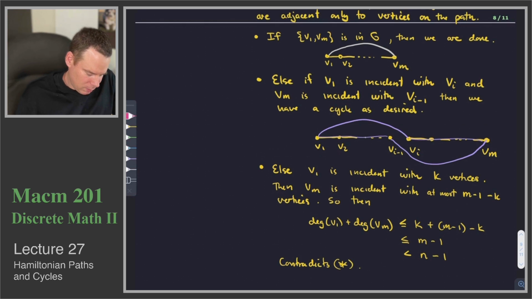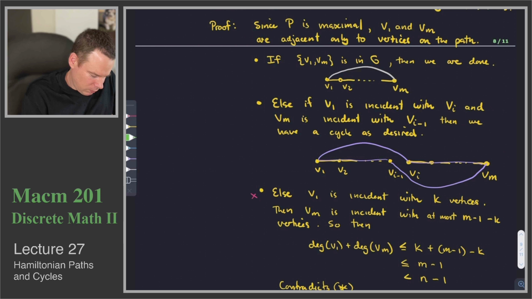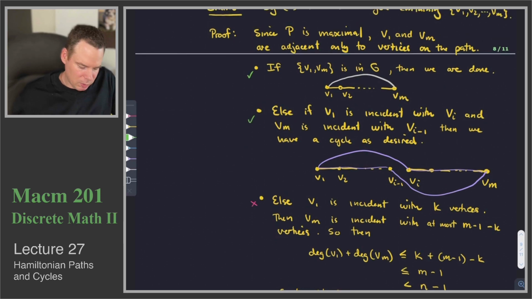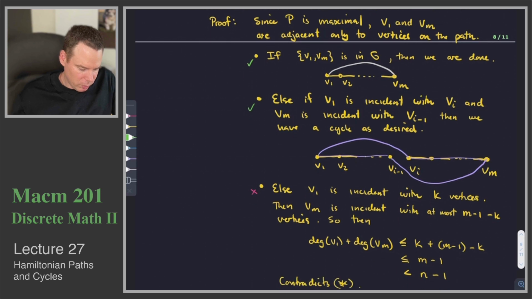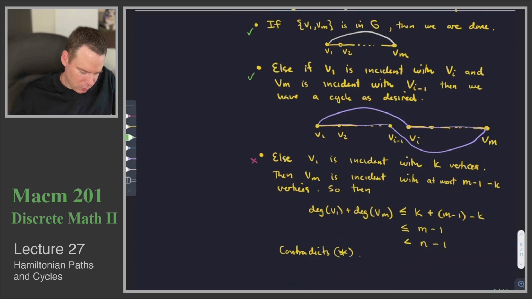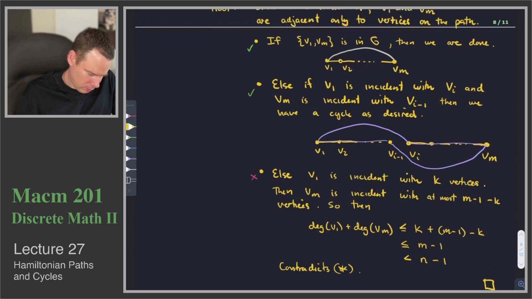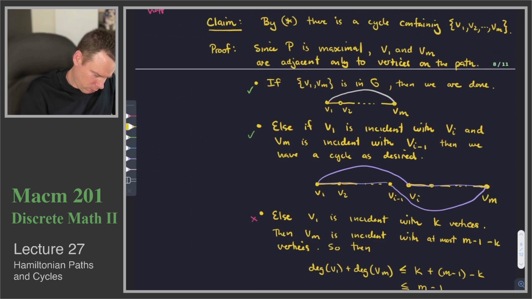It means that this case can't happen. If this case happens, we got our cycle. And if this case happens, we have our cycle. So we are done. We have just proven that by star, there is a cycle containing V1 through Vm. And it falls into one of those two cases. So we can close off our proof of this claim. And we'll block it off.